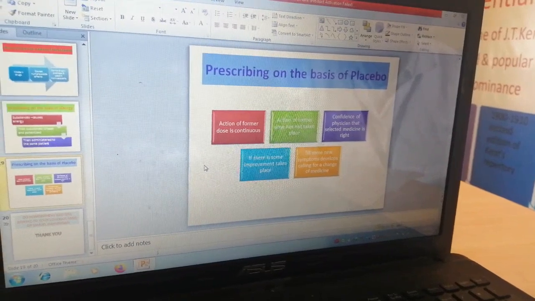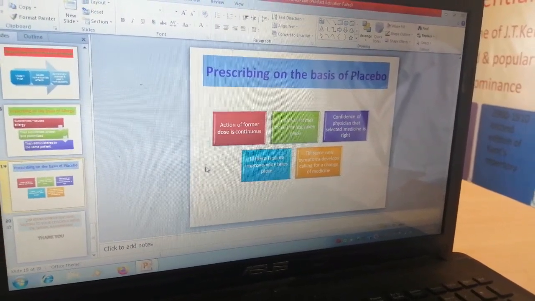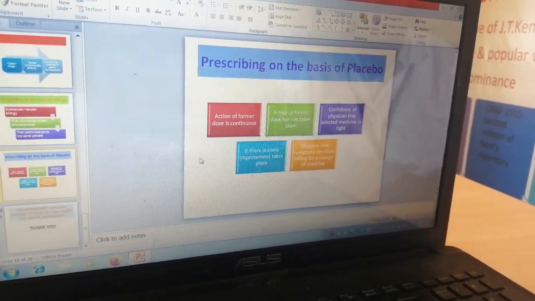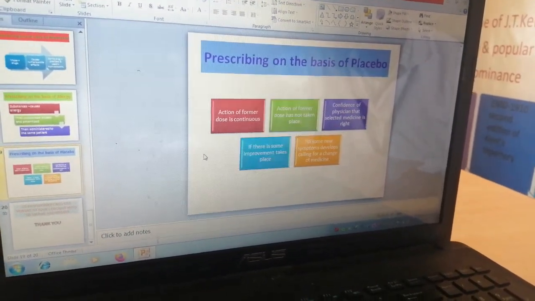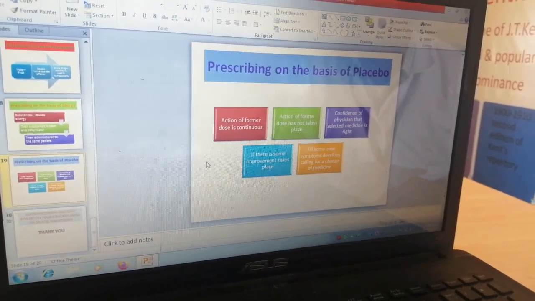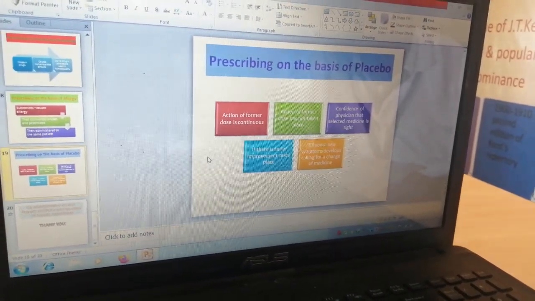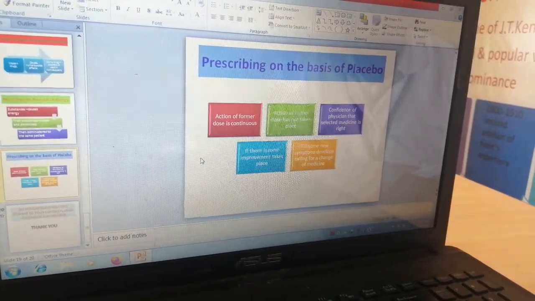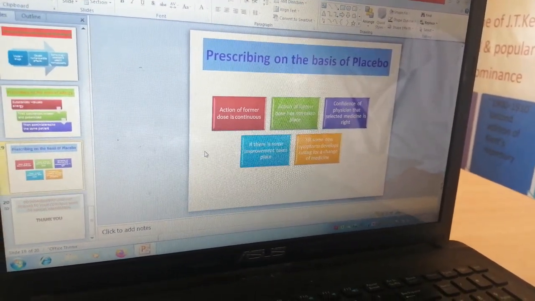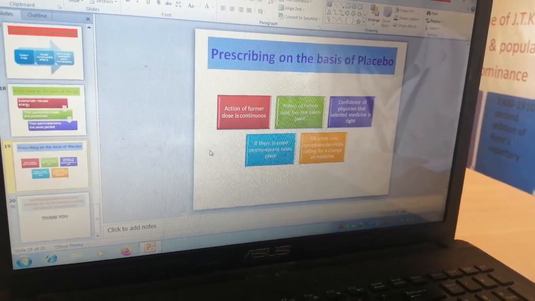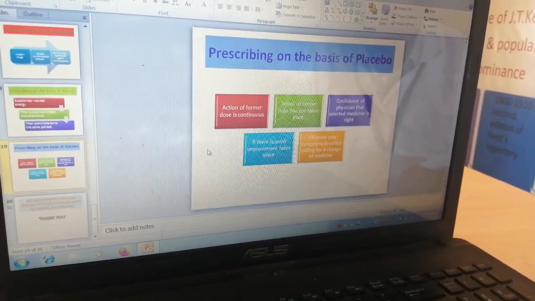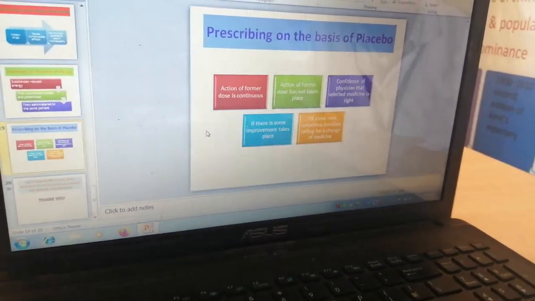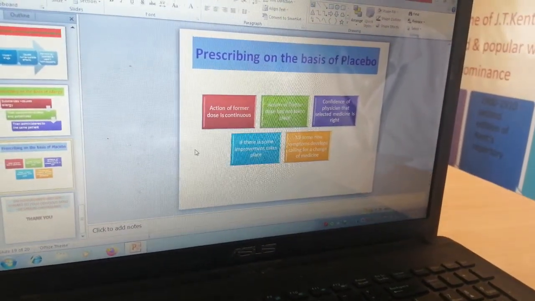Next point is that there is some improvement taking place in the patient, but there is no progression of the cure. In those cases also we have to wait and watch and give the placebo to the patient. And the last point is when there is no new symptom developing that calls for a change of medicine.